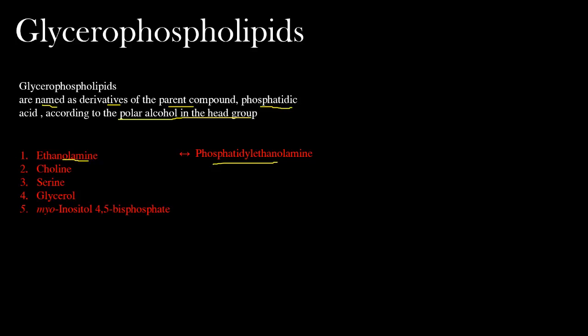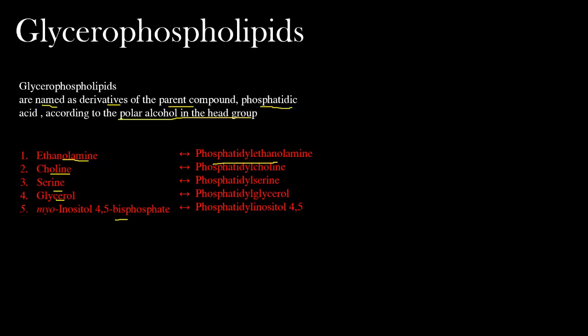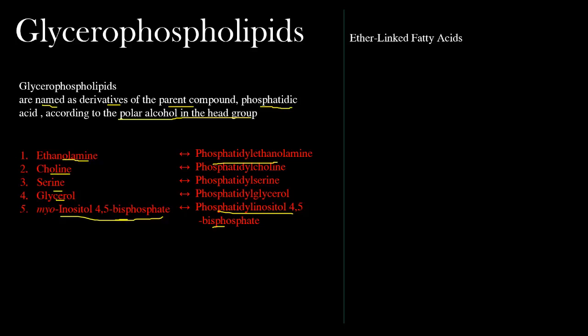If the polar alcohol group or head group is choline, they are called phosphatidylcholine, if it is serine, phosphatidylserine, and if it is glycerol, phosphatidylglycerol, and phosphatidylinositol 4,5-bisphosphate if it is a myoinositol 4,5-bisphosphate.